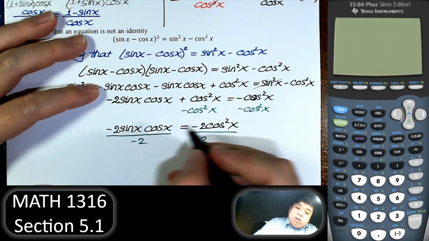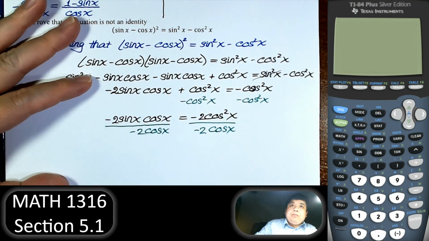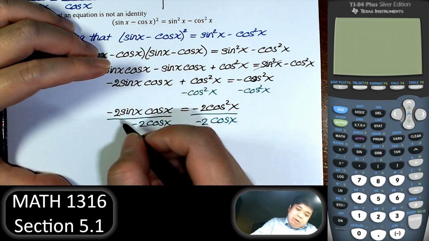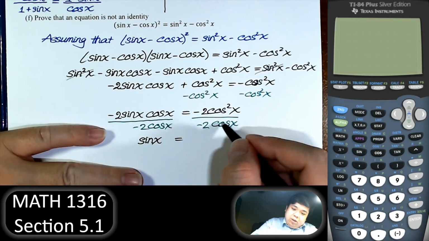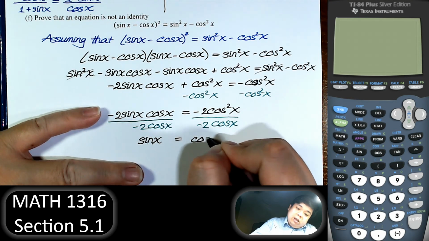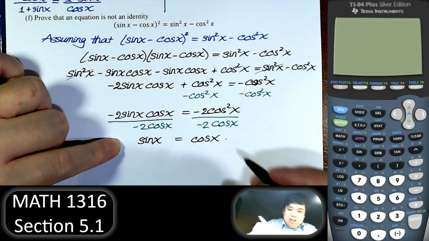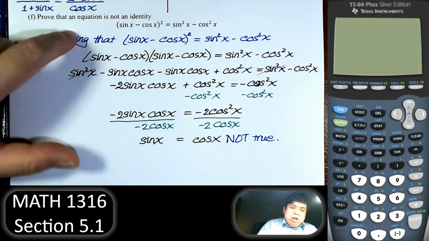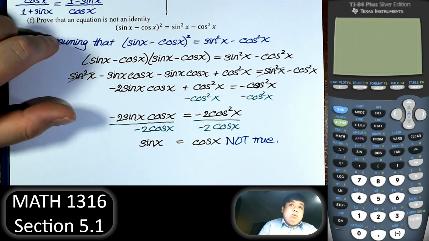Both of them have cosine on both sides, so we divide by cosine. So cancel cosine, cancel negative 2, so we have sine. And cancel out negative 2. Cosine square cancel cosine, gives us cosine. And of course we know this is not true. But we assumed that it is true. It is equal to something not true, so the assumption is wrong.